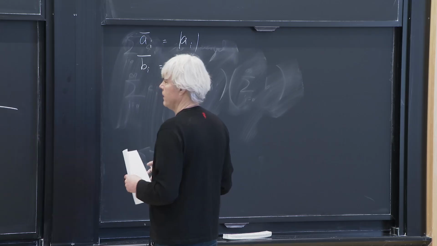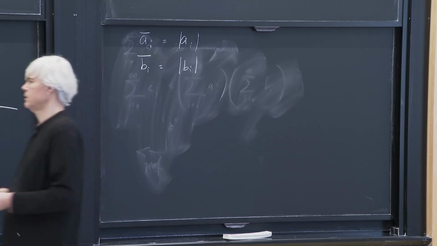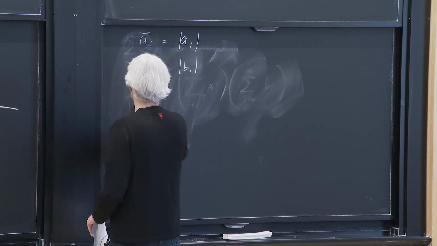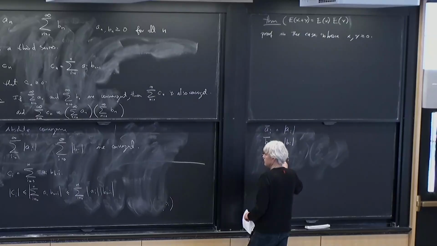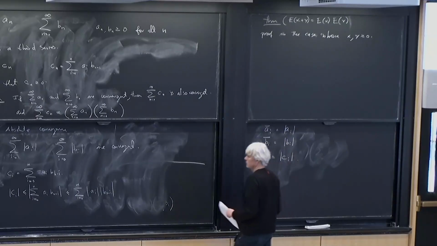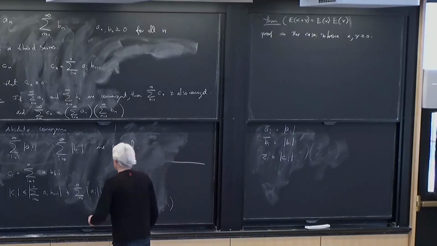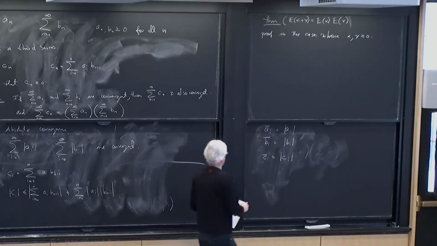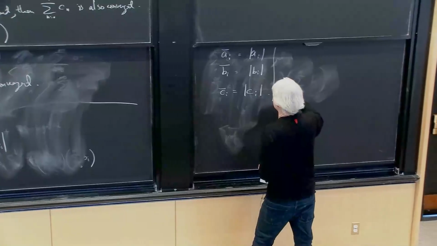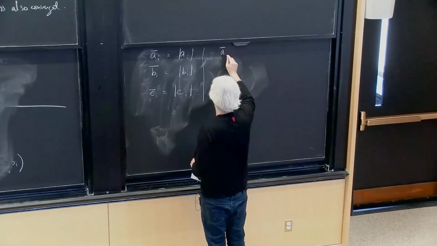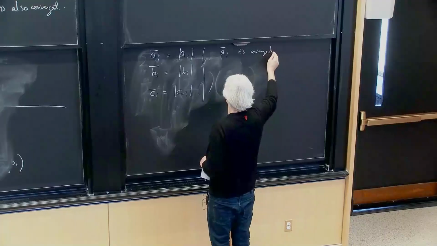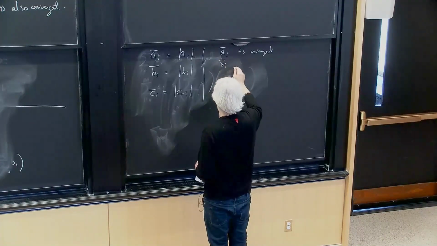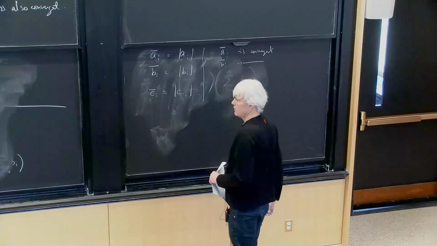And then I define a sequence here, c_i bar, which is just the absolute value of the c_i's. I know that this one is convergent by assumption. This one here is convergent by assumption.